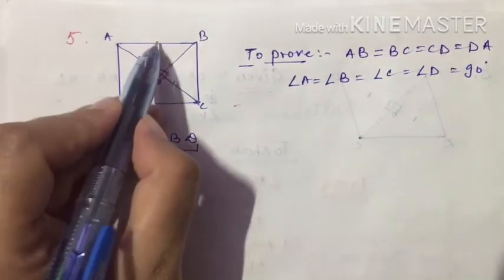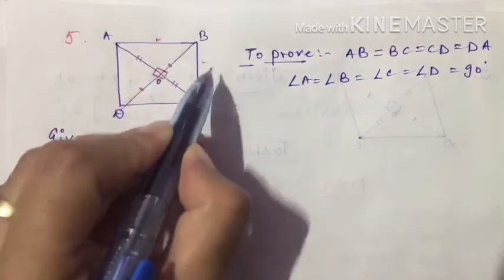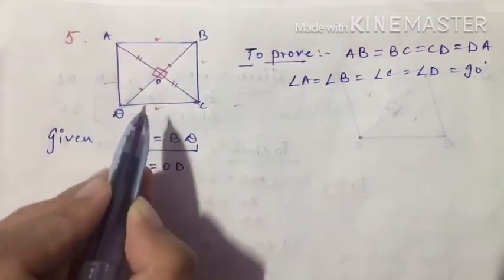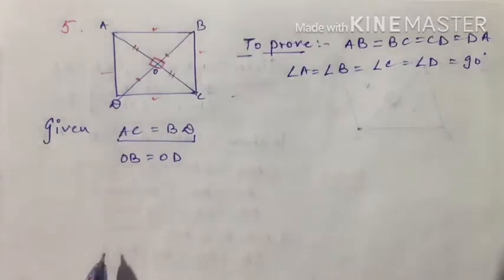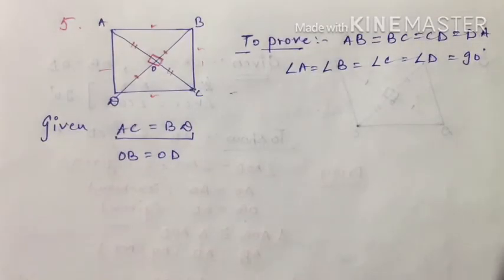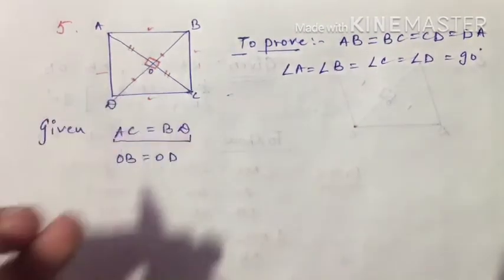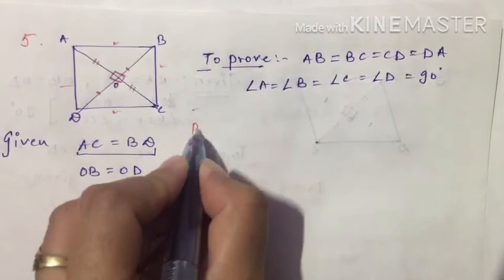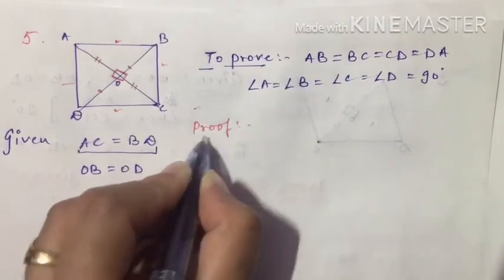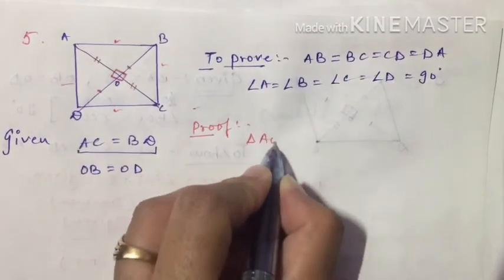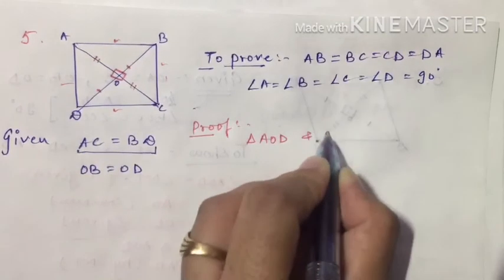Okay, what we have to prove, I have to show AB is equal to BC, BC is equal to CD, and CD is equal to DA, and all angles are of 90 degrees. See how can we go for that. First, students, I will start with the proof. See, triangle AOD and BOC.